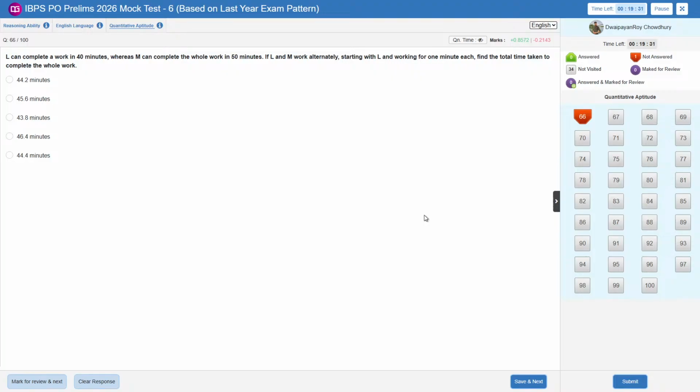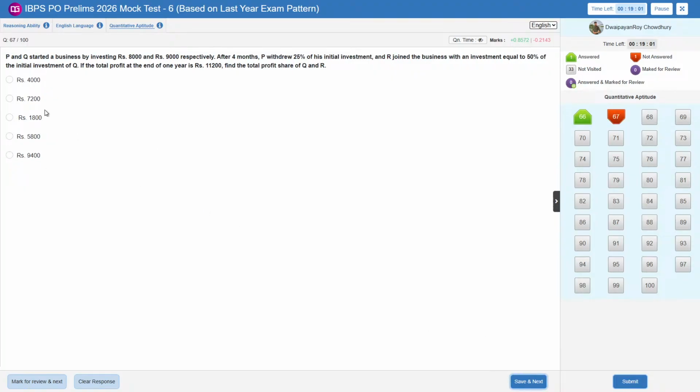So actually 22 is going to be 198. 22 means 44 minutes, and then just something more, which is 0.6, not in option. Okay, so 2 by 5, so 0.4, so 44.4.